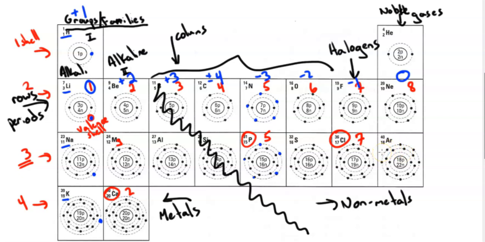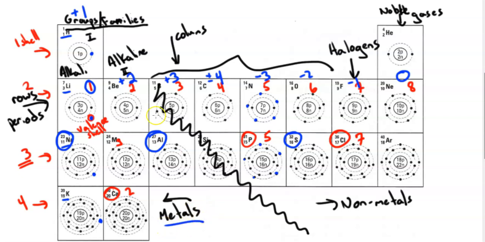So with this pattern, you can immediately look at any element and know what ion it would form. An ion means charged particle. So aluminum, what's its ion going to be? Plus 3 charge. Sulfur. Negative 2 charge. Sodium. Plus 1.